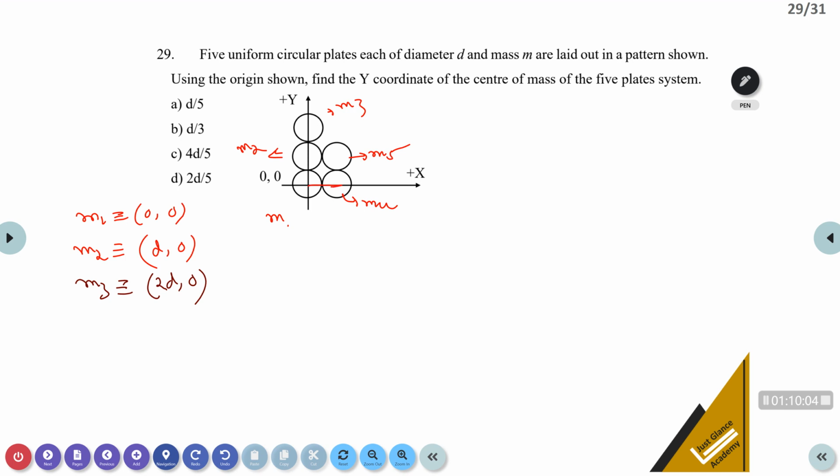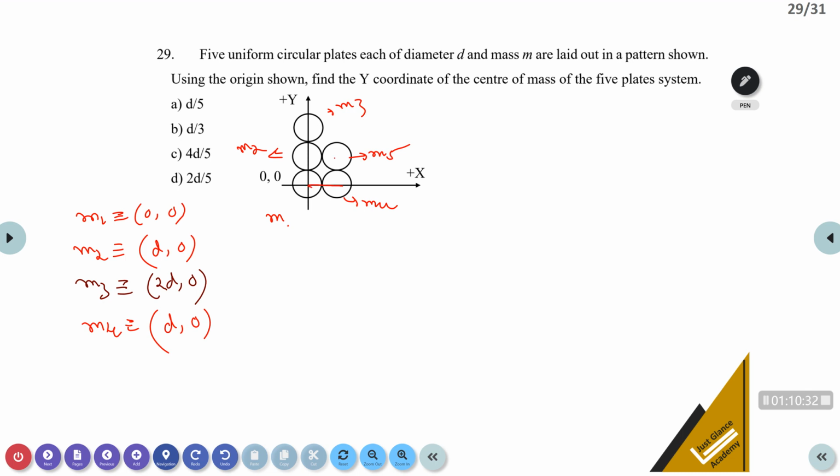What about M4? From here to here, it is a diameter. The Y coordinate is 0 for this. But what about for this?